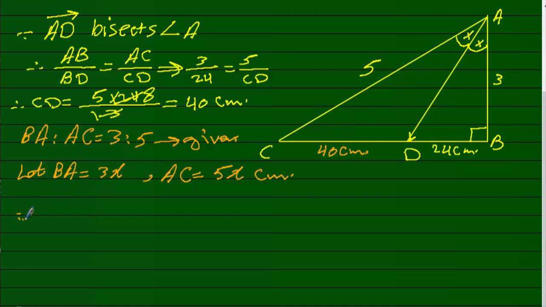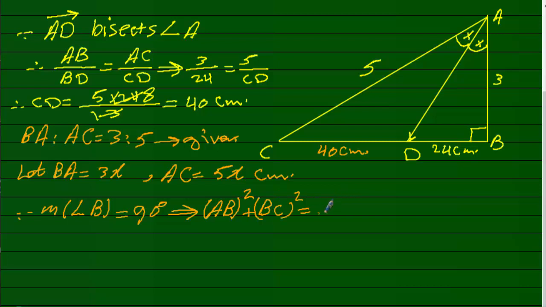Since the measure of angle B equals 90, it is given. So applying Pythagoras theorem, we get AB squared plus BC squared equals AC squared.